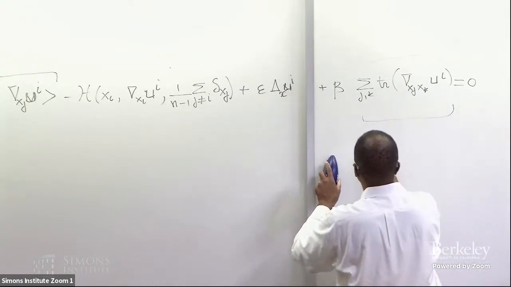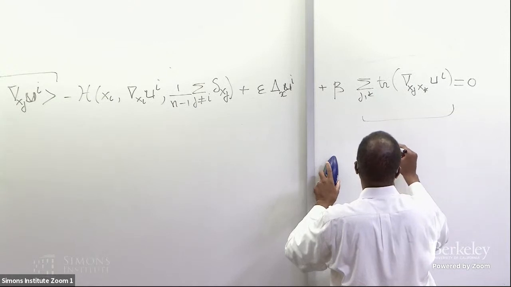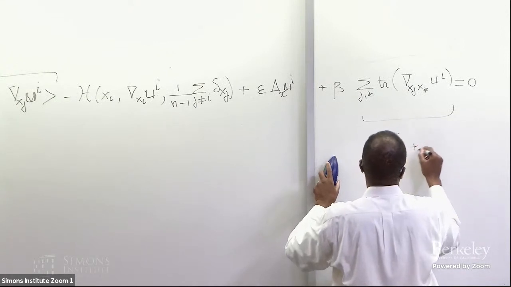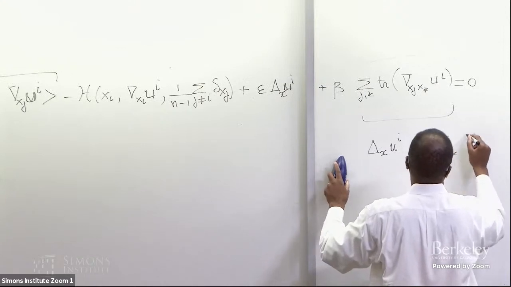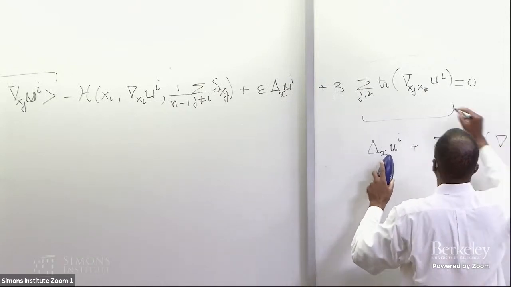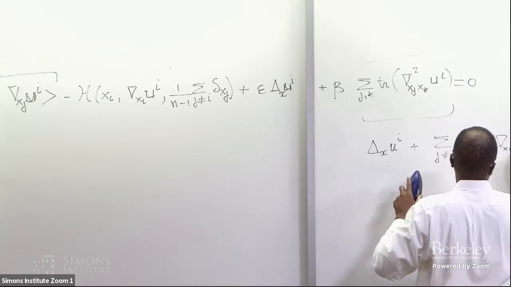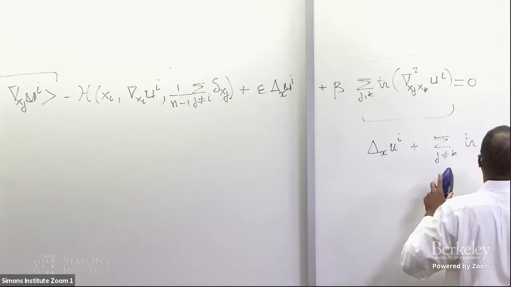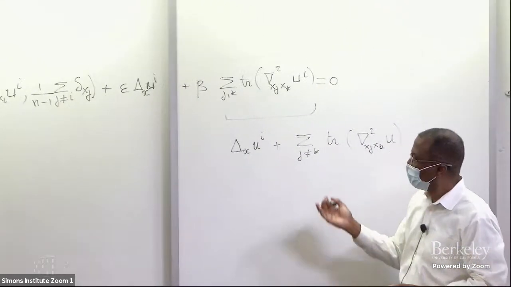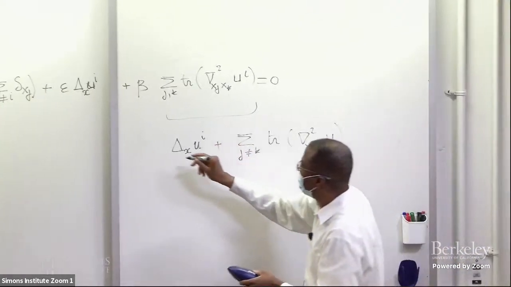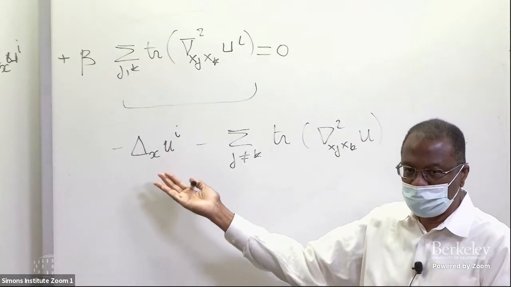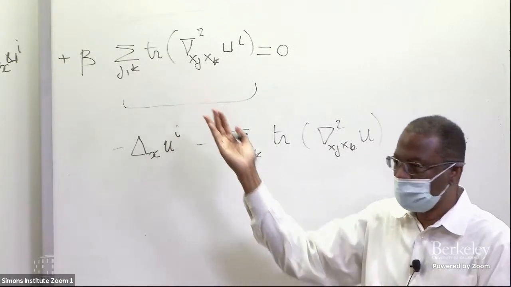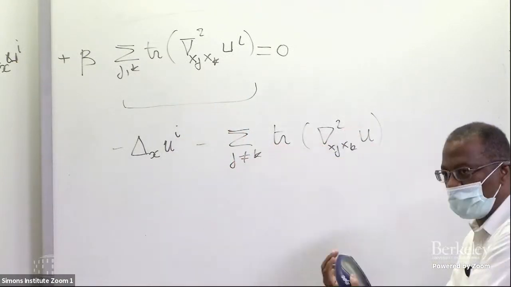I can write it as Laplacian x u_i plus the sum j is not k, the trace gradient s_j, s_k. And this term is going to help you improve regularity. And this term is going to destroy regularity, right?